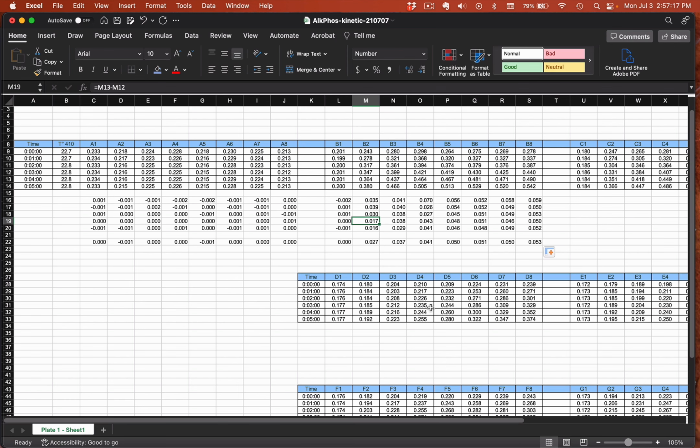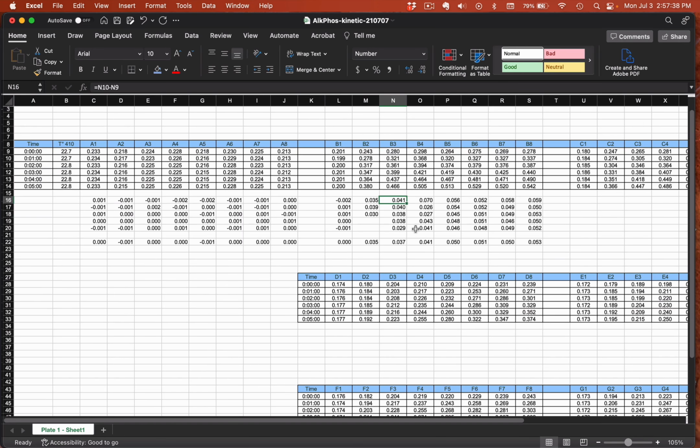In this case, I did this data with 1 minute time points. So when we get out here to 4 and 5 minutes, we're pretty much running out of substrate. I'm actually going to want to delete these 2 points because they're not really in line with the rest of the data we see.